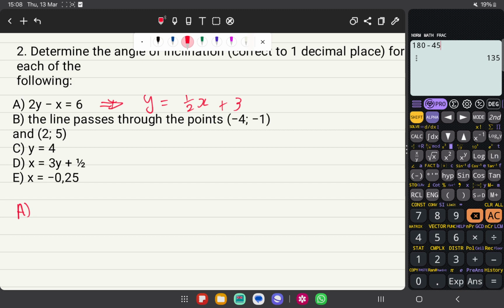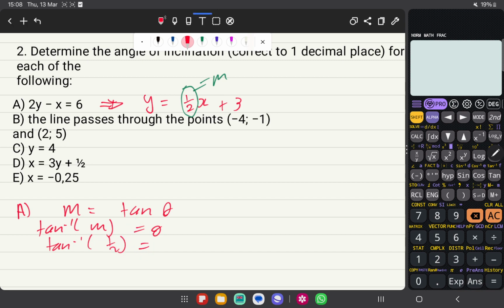That's what I have, and I know this is my gradient. So I take number 1 and I say gradient is equal to tan theta. I'm looking for theta, so I'm going to go tan inverse of my gradient. My angle here was what? Half. Not my angle, my gradient.